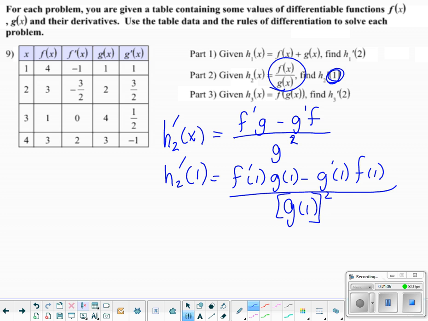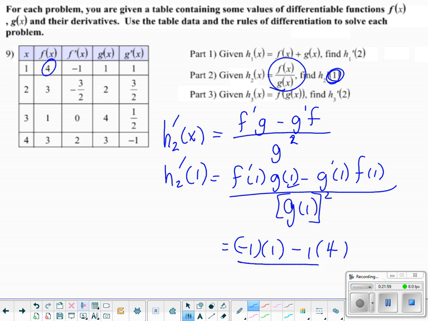Okay, table work. f prime of 1 is negative 1. g of 1 is a 1. Subtraction. g prime is a 1. f of 1 is a 4.